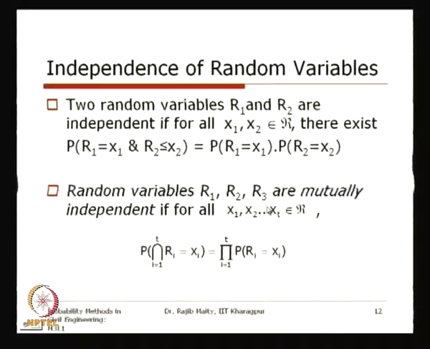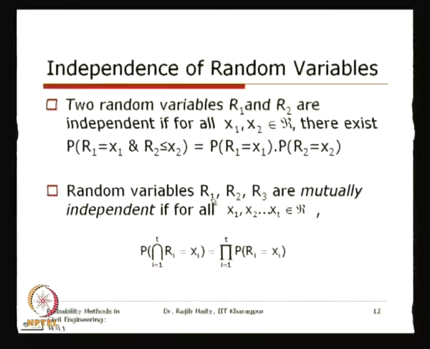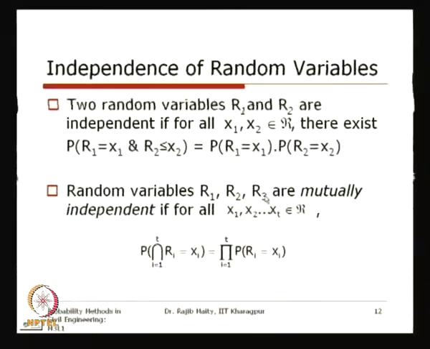Now there are other kinds of independence, known as mutual independence, and k-wise or pairwise independence. Suppose there are more than two random variables, R1, R2, R3.